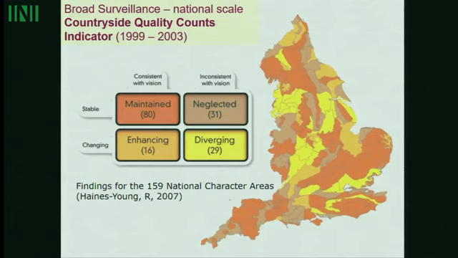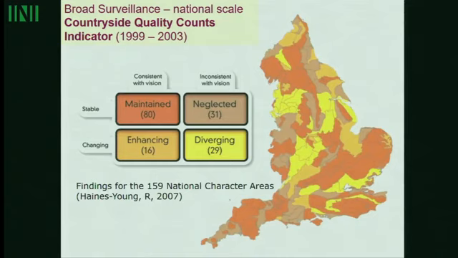maintenance or enhancing of landscape character, or whether the landscape character was being neglected, or the features that made up character were being generally neglected, or whether the features that were associated with the character of an area, actually there were new features being introduced, therefore the character was diverging. And that, of course, is a very prevalent change that is occurring.